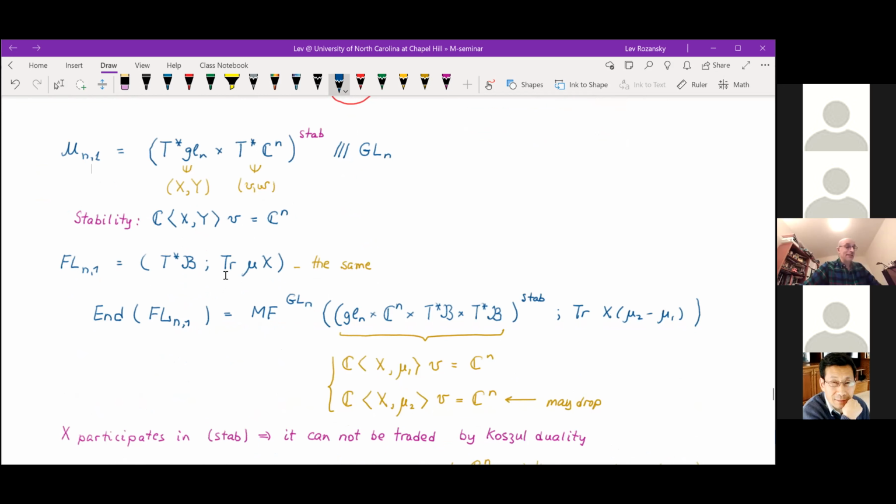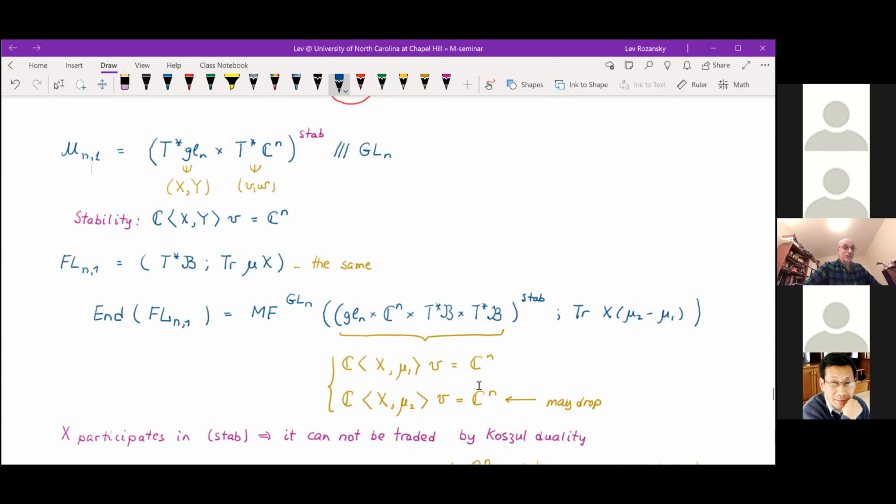The object is exactly the same. It doesn't use the vector. Its endomorphisms is again the same, except that you have to include Cn as part of the base. Now you have X and V, and you have to impose the stability condition.